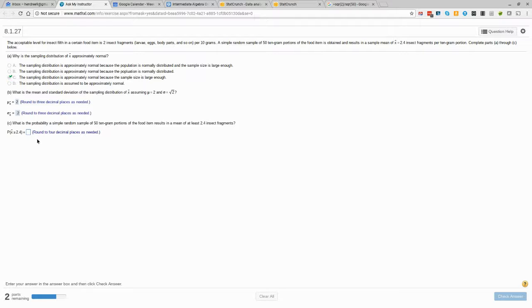So if you think about it, the mean is 2. This is a normal distribution, and the standard deviation for the sample mean distribution is only 0.2. So 2.2, 2.4, that's like 2 standard deviations. This is having a sample that's 2 standard deviations above the mean. So that's going to be a lower probability.